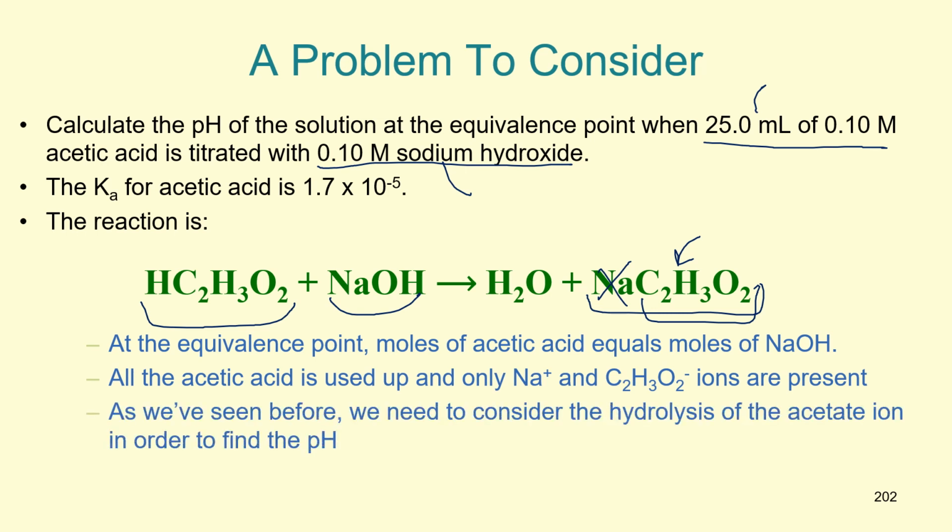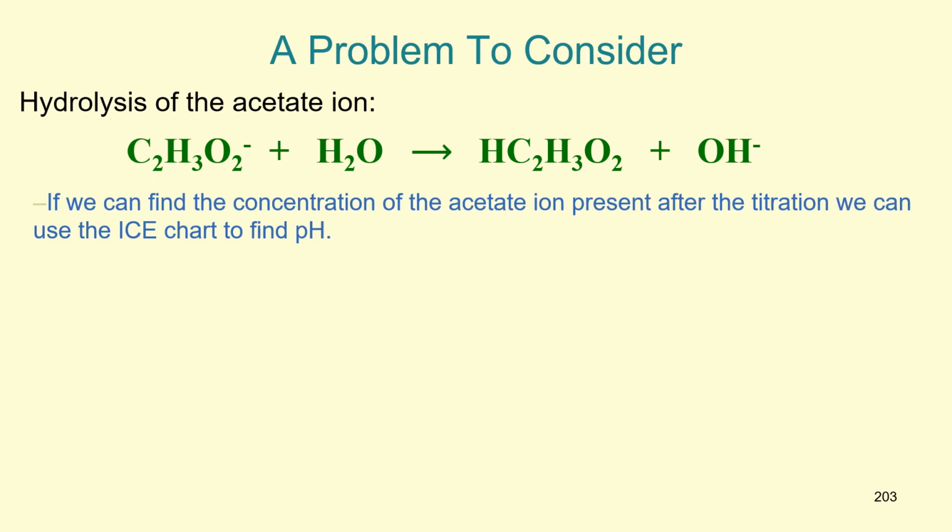So like I said, at the equivalence point, only the sodium ion and the acetate ion are present. We can ignore the sodium. And so the pH will depend on the acetate ion. So this is our Kb expression, our base: the salt that's left over at the end of the titration will give us OH negative, and we can find the pH because we can use Kb.